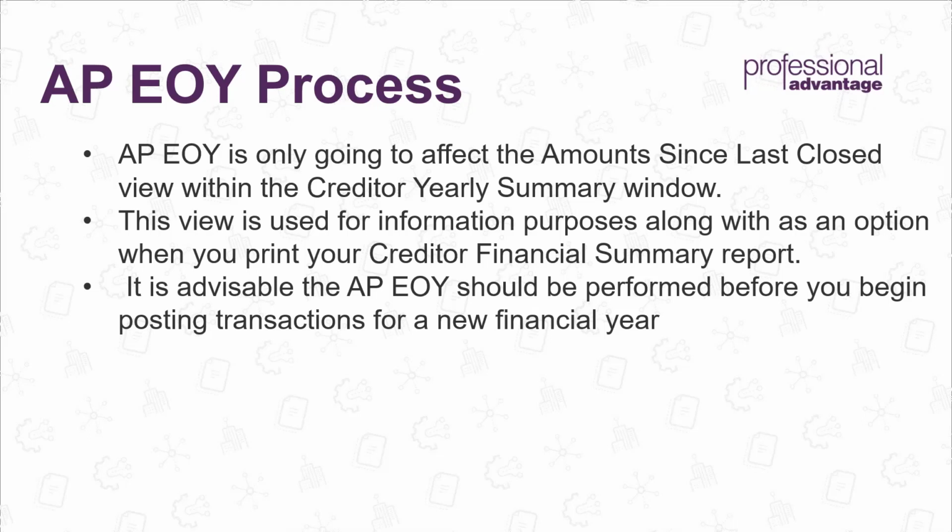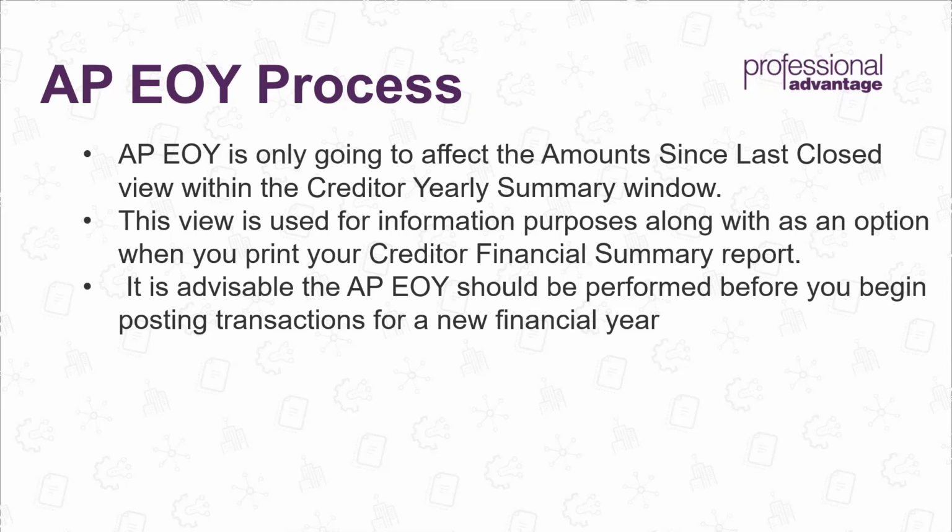There are cases where organizations don't even run end of year for the AP module, which is not a critical thing to worry about, as long as you are not purely relying on that window I just mentioned before to inquire about creditors' transaction history, in terms of how much is year to date, how much is last year, and what is the live to date transaction amount. Because there are other ways within GP we are able to present the information for you if you so desire.